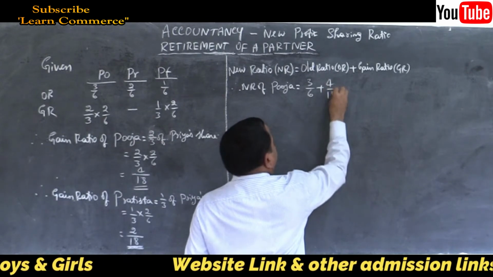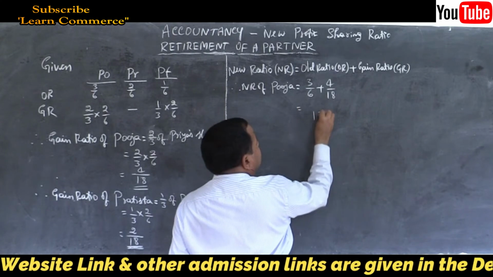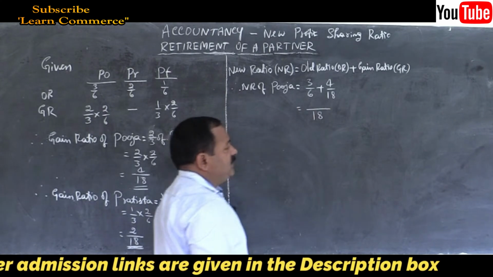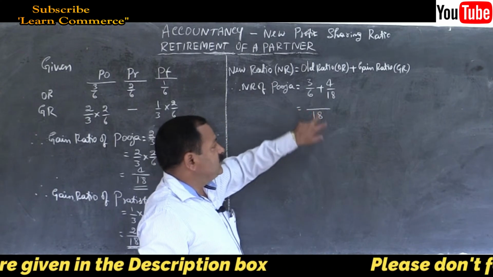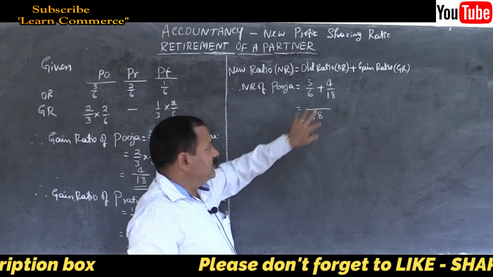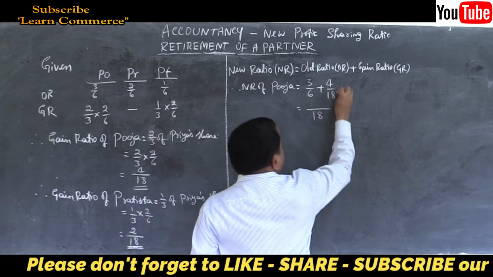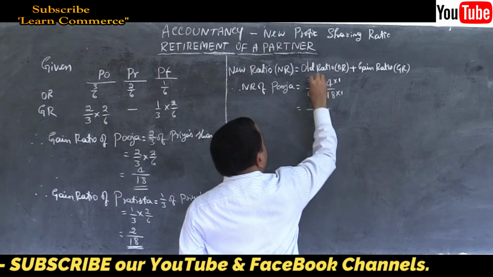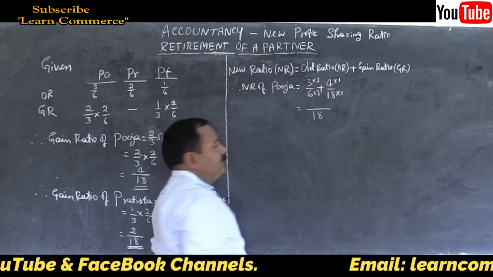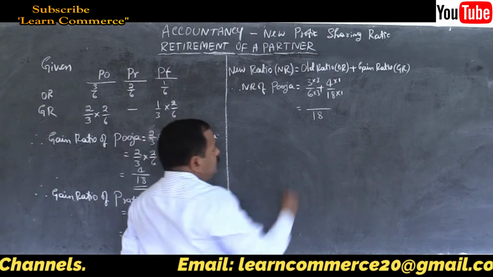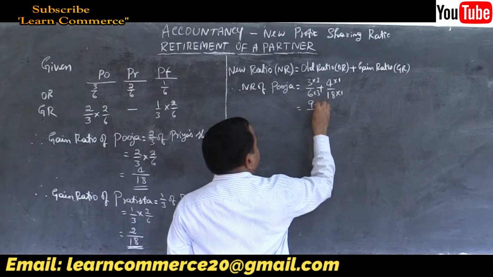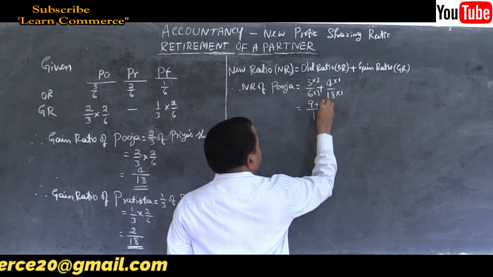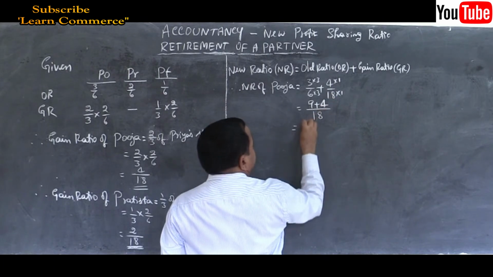Take 18 as a common denominator because it is divisible by both the numbers. 6 3s are 18, 18 ones are 18, right? So for 18 multiply numerator by 1, for 6 multiply numerator by 3. Correct. So 9 plus 4 is equal to 13.